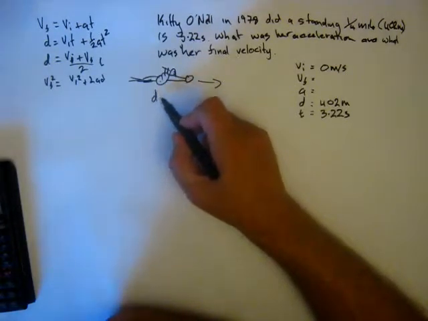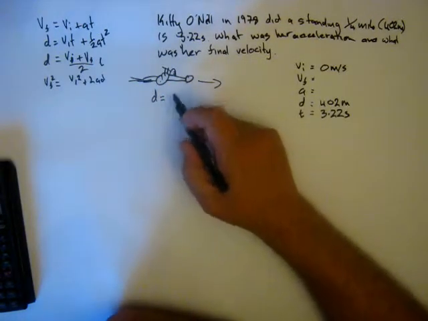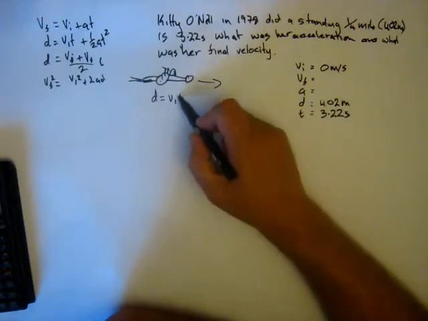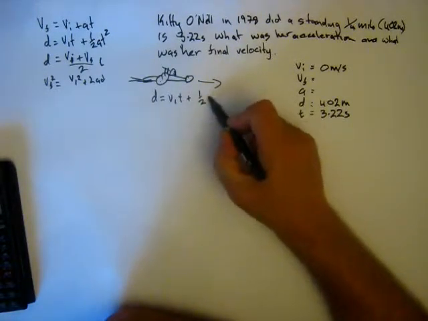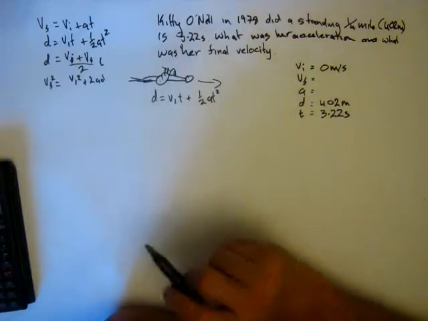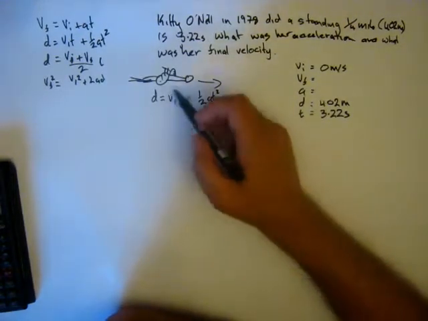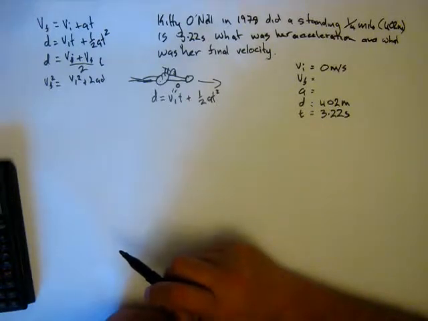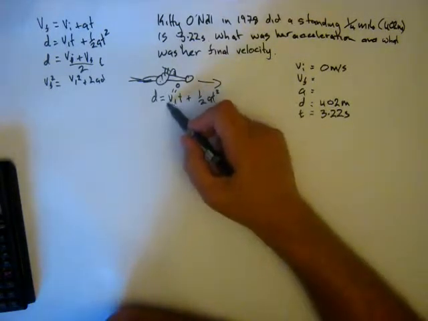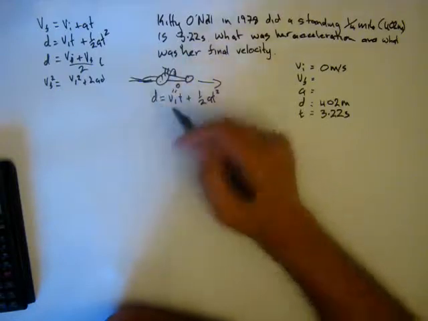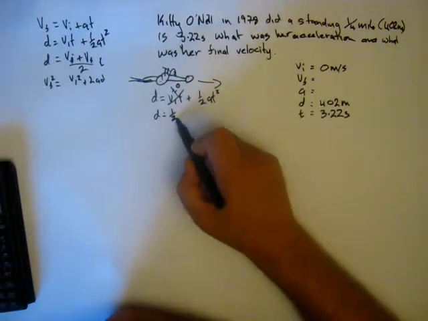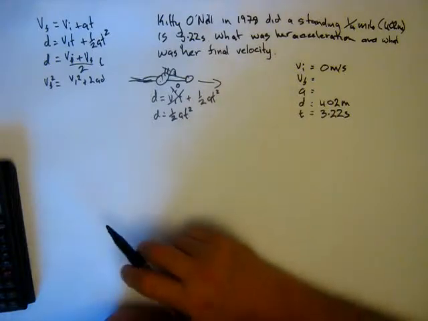So D is equal to, I'm going to use this one, VIT plus half AT squared. There is a thing we have to remember here. The initial velocity is equal to 0. So in this case, VI, 0 times T, we can get rid of that. So D is equal to half AT squared.